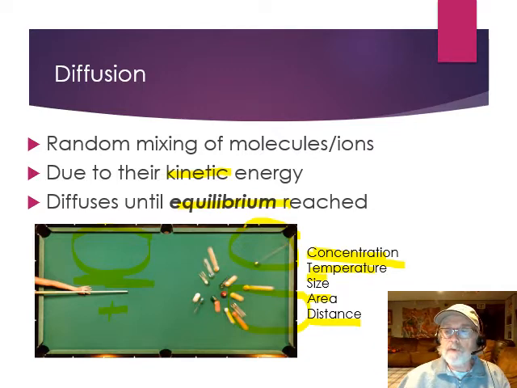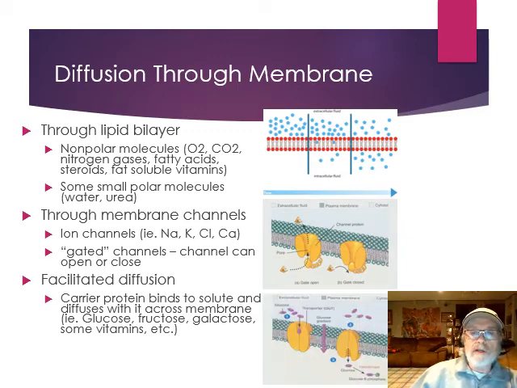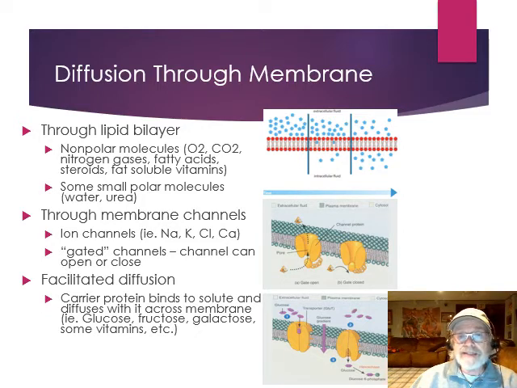and they just randomly mix throughout the table. Now, again, when we look at how things diffuse through a membrane, it's not always the same. We talked about nonpolar molecules like oxygen, carbon dioxide, some nitrogen gases, fatty acids, fats, because the lipid likes fats. Steroids are mostly lipid, and there are some fat soluble vitamins.